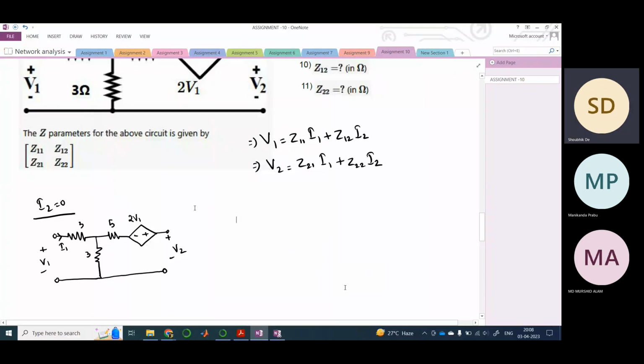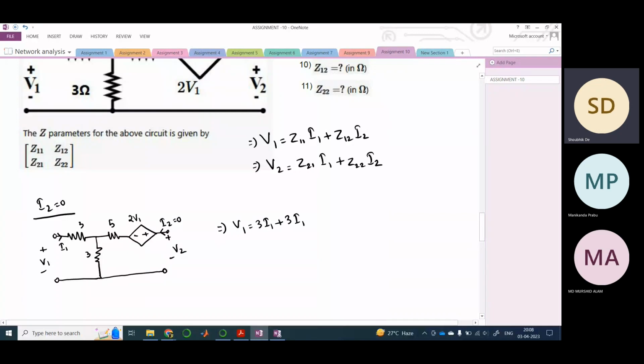Now let us find out V1. We need to apply KVL in the first mesh, and just remember that this is open, I2 is 0 here. So applying KVL in the first mesh, this is 3I1 plus again 3I1.